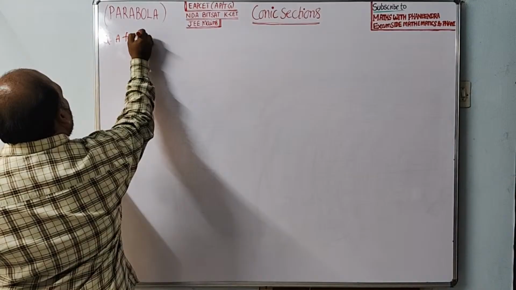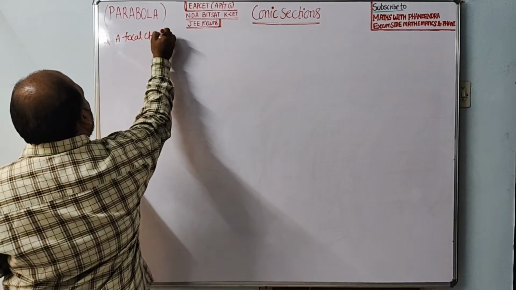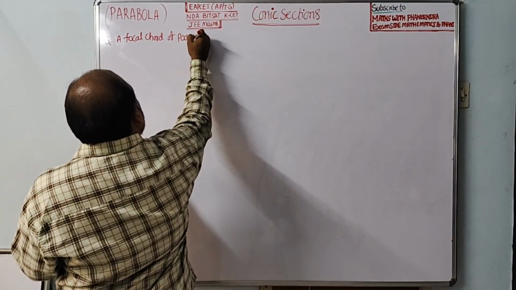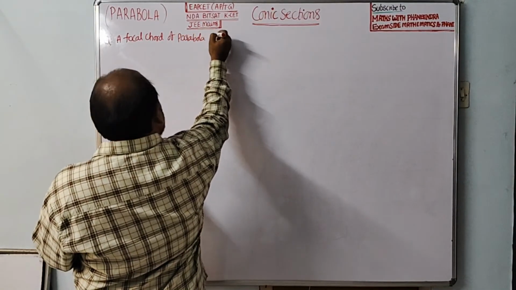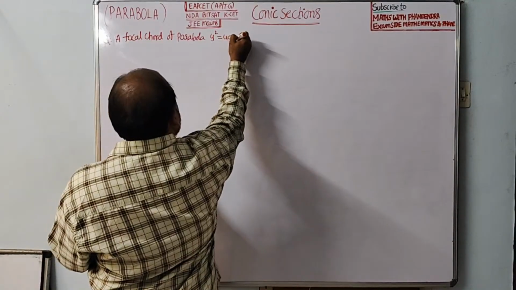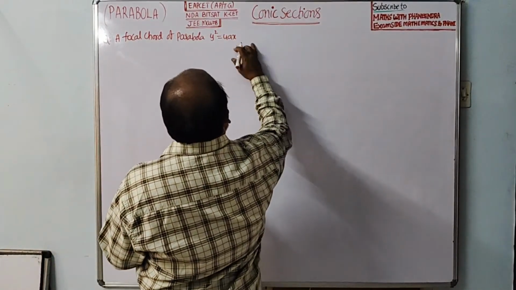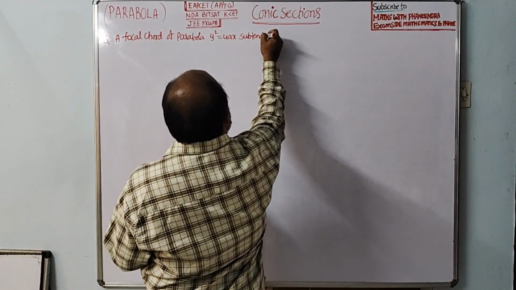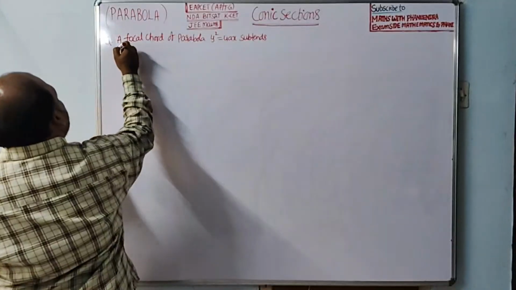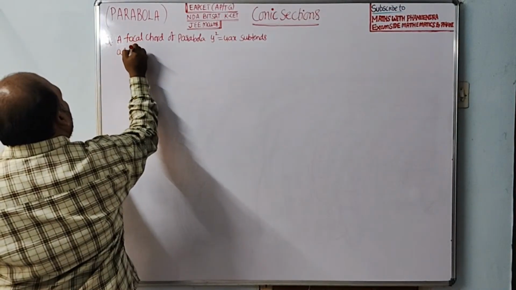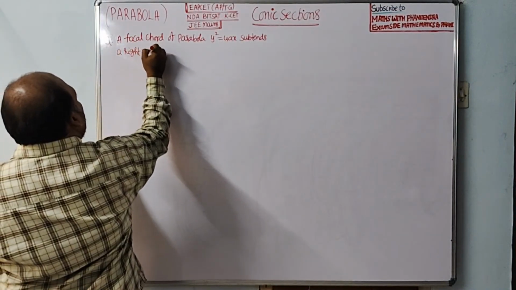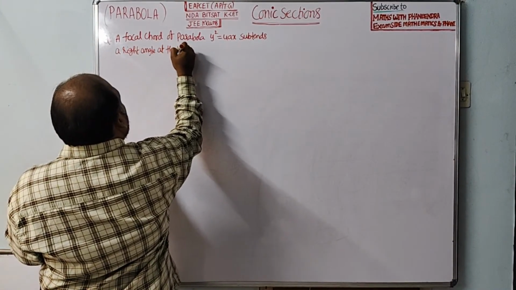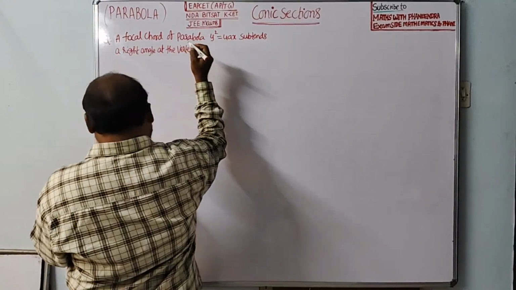A focal chord of parabola y square is equal to 4ax subtends a right angle at the vertex.